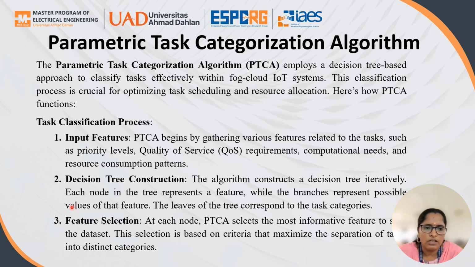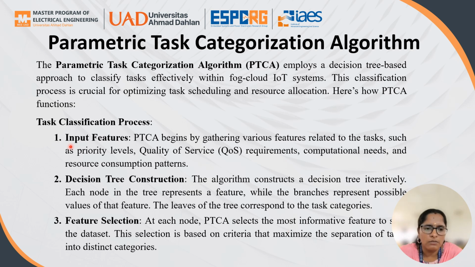After completing that, we need the feature selection method. At each node, this PTCA selects the most informative features, that means which are mainly required. This selection is based on the criteria that maximize the separation of tasks into distinct categories.